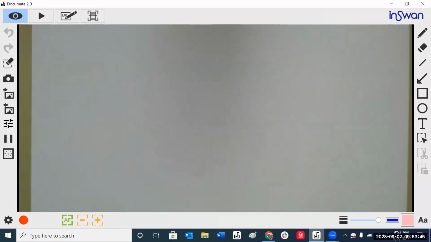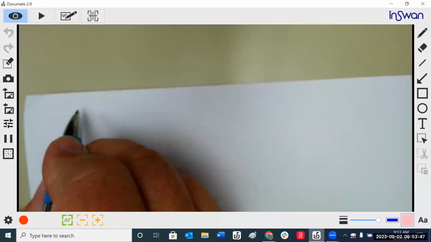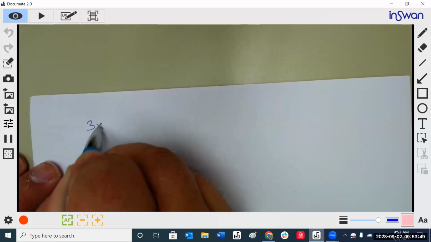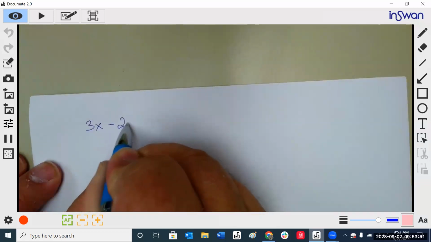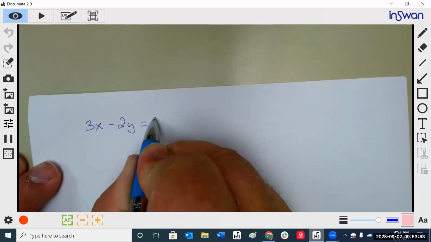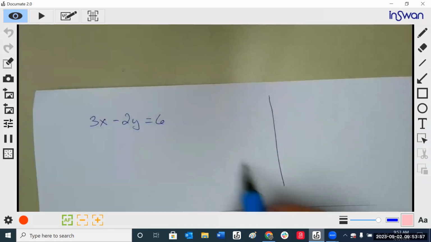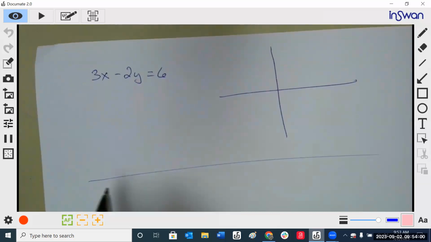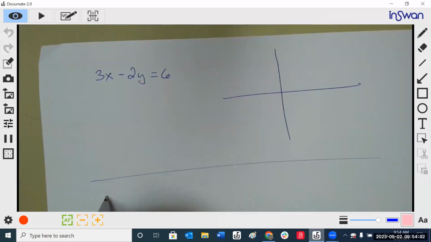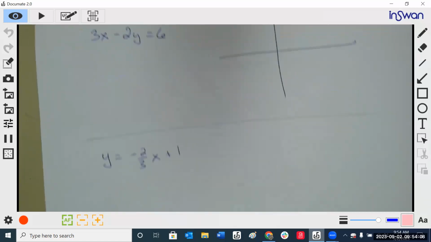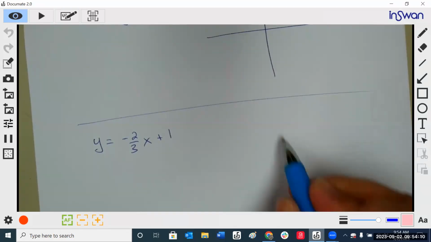All right, here are the 3 equations. You can graph that. Graph that.